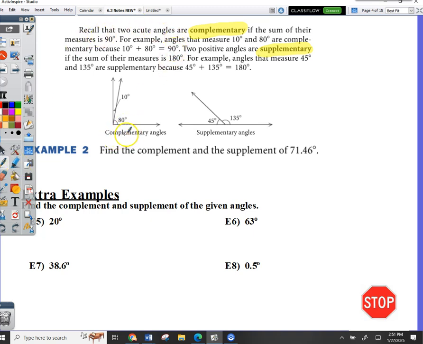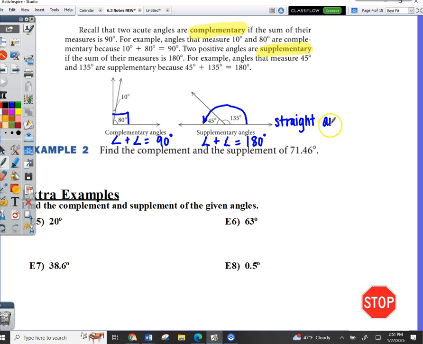Complementary means the angles add to equal 90. Supplementary means the angles add to equal 180. Complementary adds to equal a right angle. Supplementary is adding to equal what's called a straight angle.